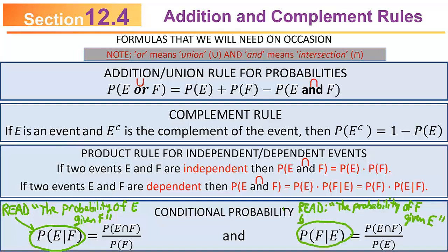So of course the probability of F given E has the E and the F flipped around the vertical line. Like I said, we'll come back to this later, but this is the addition to our toolbox of formulas.